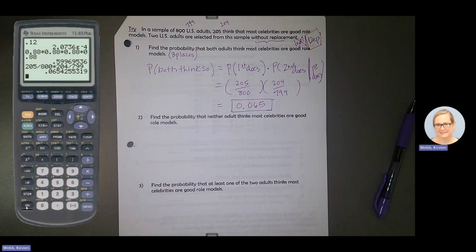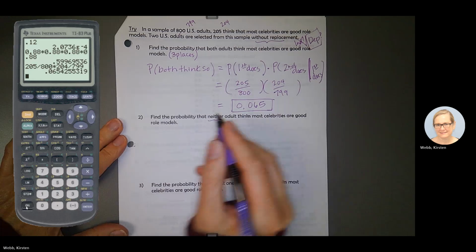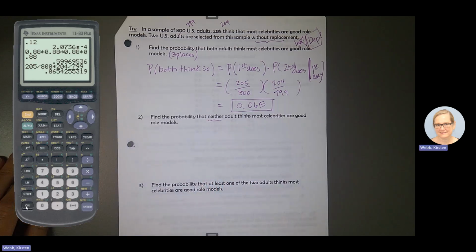And what would you like to ask about number one? So now we're going to try sort of a complements question. Find the probability that neither adult thinks celebrities are good role models.